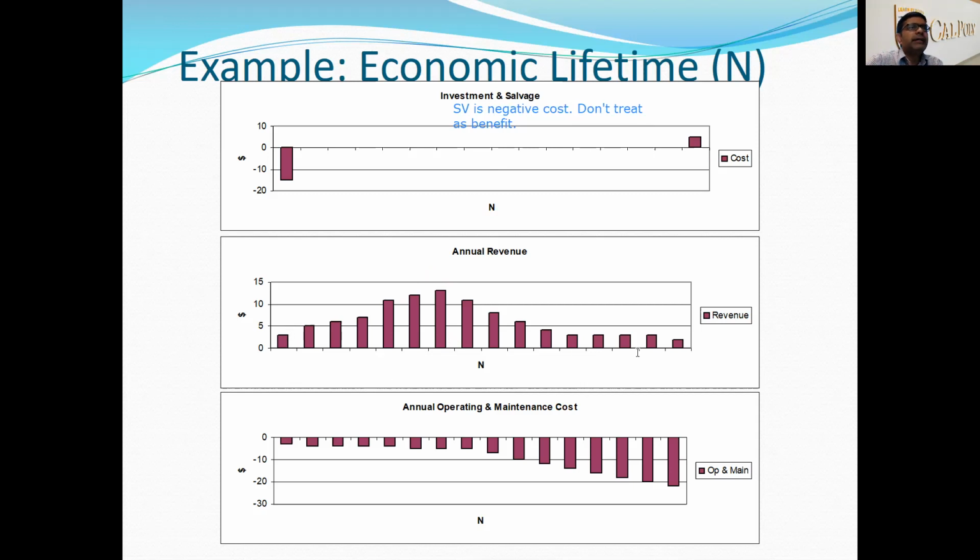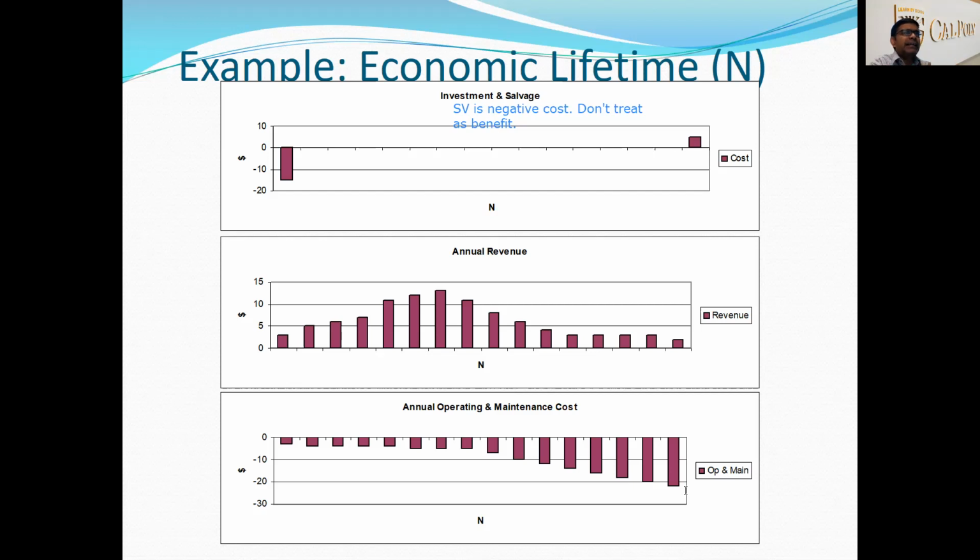And then the rest of this is just revenue here on the second chart. And these are the revenues. Revenues go up over time, but then at some point the revenues start to decline. And you can see in the third chart, the average annual operating and maintenance costs start out low, but then they increase over time. And that's a typical infrastructure project, right?